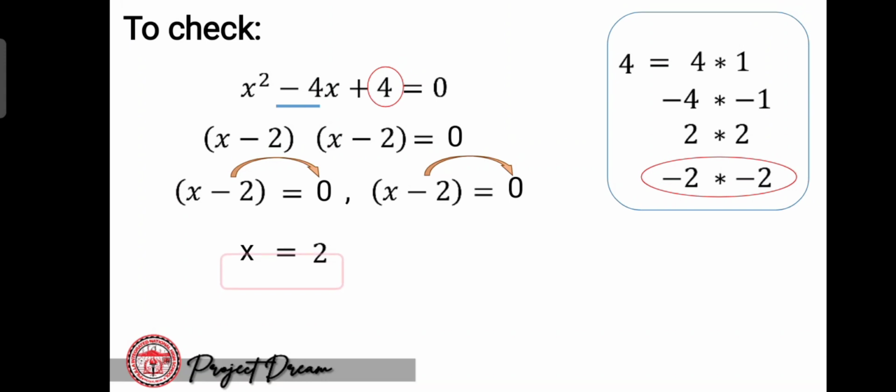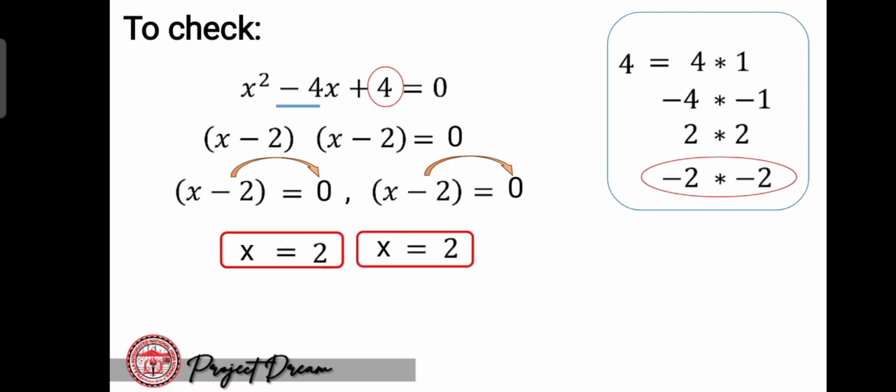And x minus 2 is equal to 0, transpose it to the right side. So from negative, it becomes positive 2.